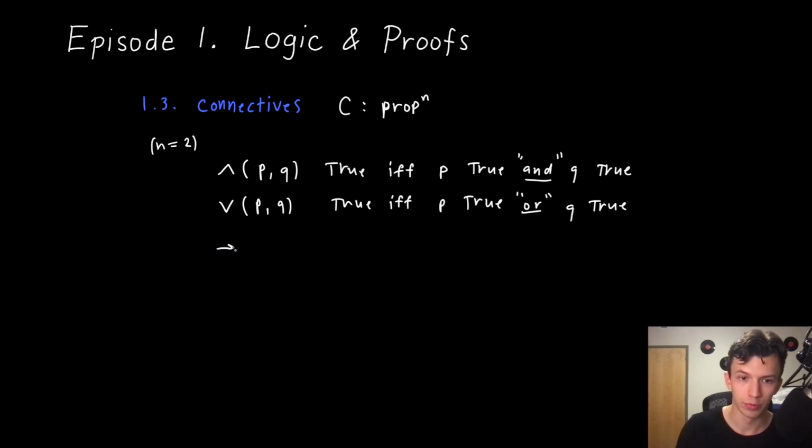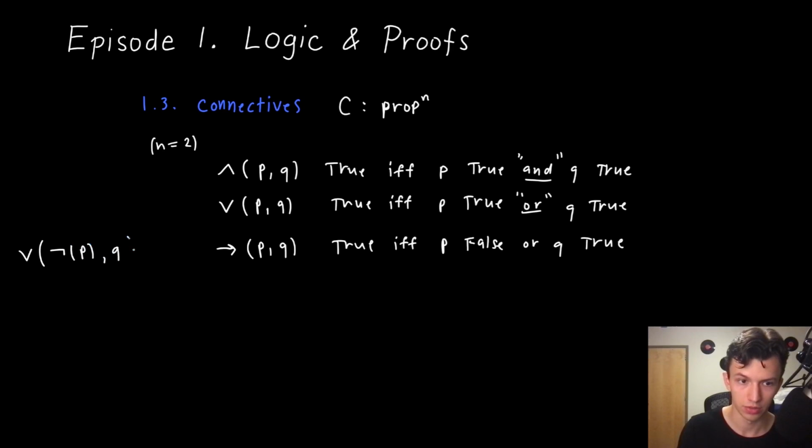And then we have one last one that we'll really look at, which is the implication of P and Q. This is true if P is false or, I'm not going to write or in quotations, or Q is true. Okay, and so we can easily see a correspondence between the implication and the disjunction. This is equivalent to the disjunction of the negation of P and then Q, like that.